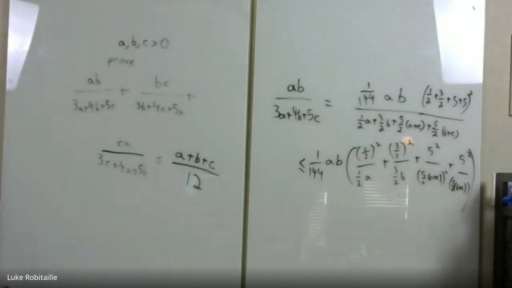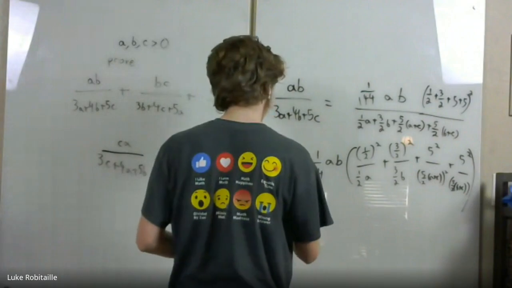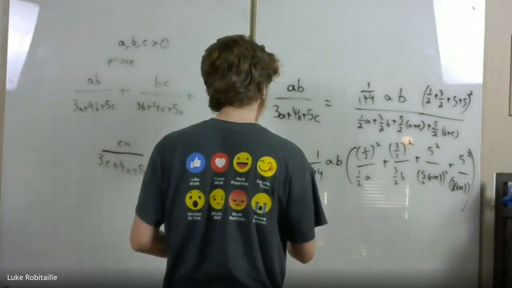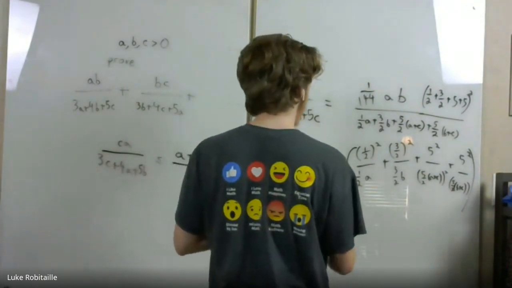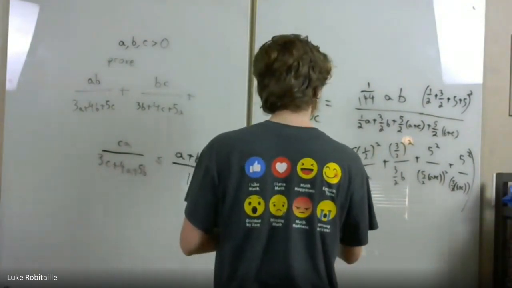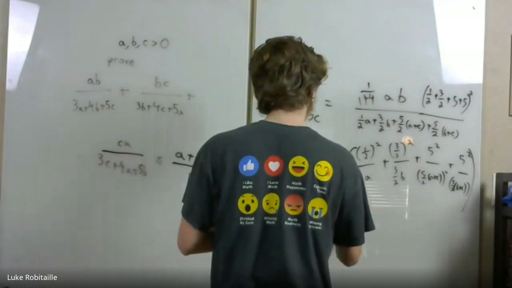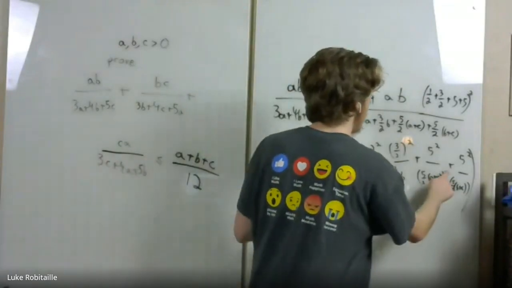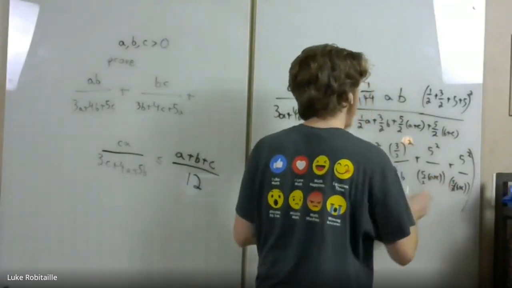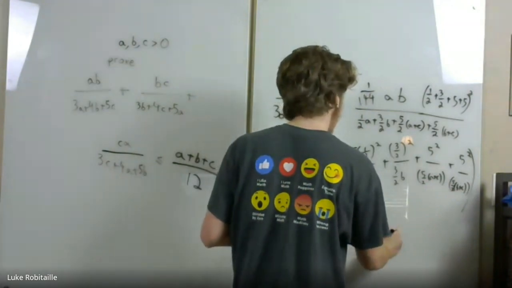And if we take a look at what we get, the inside of this expression is 1/2 A plus 3/2 B. Oh no, sorry, this is not squared. Plus 10/(A plus C) plus 10/(B plus C).